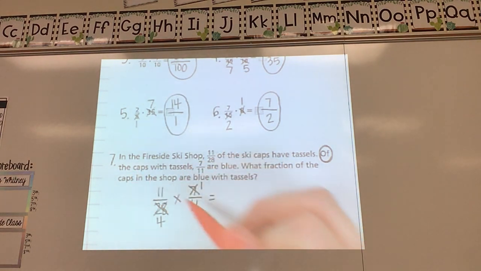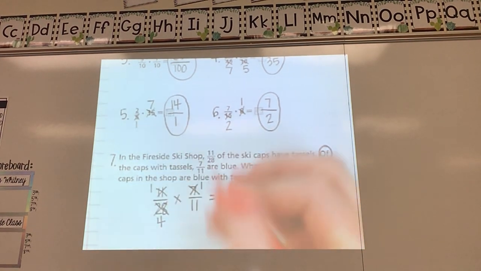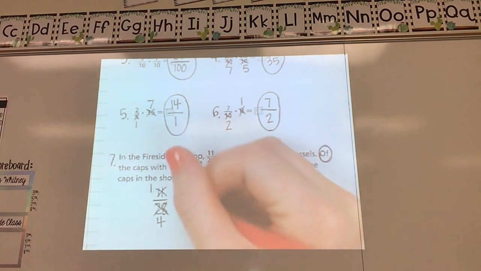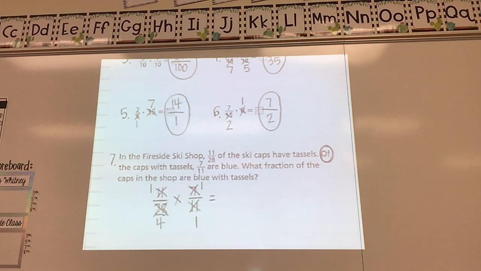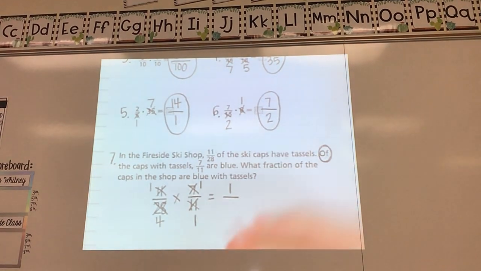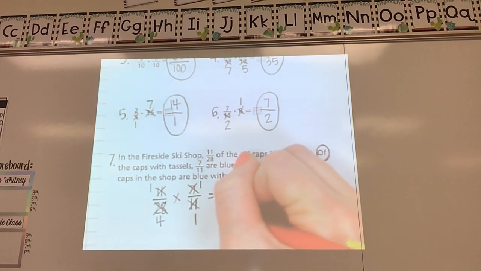What can we divide both 11 and 11 by? How about 11? How many 11s will go into 11? 1. And how many 11s will go into 11? 1. Ooh, we got some really small numbers now. That'll make our multiplication easy. Across the top, 1 times 1 is 1. And across the bottom, 4 times 1 is 4.